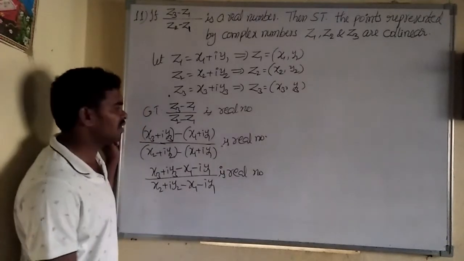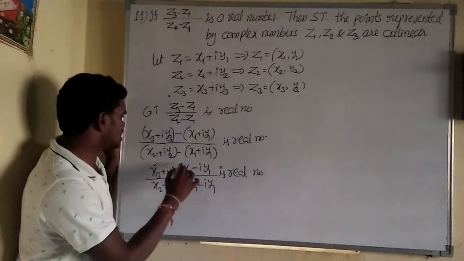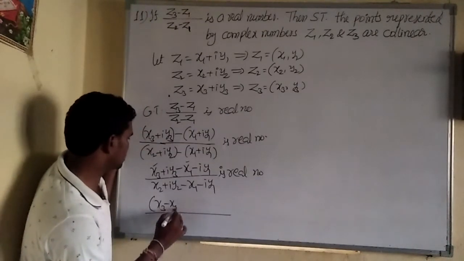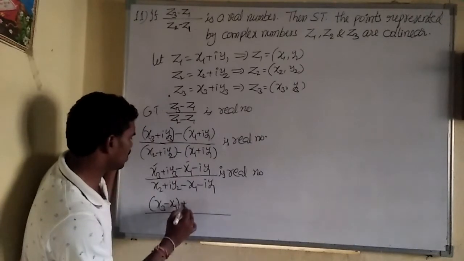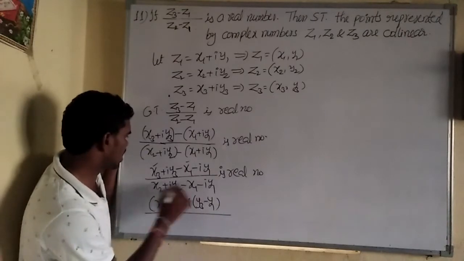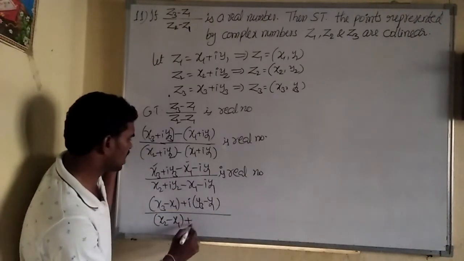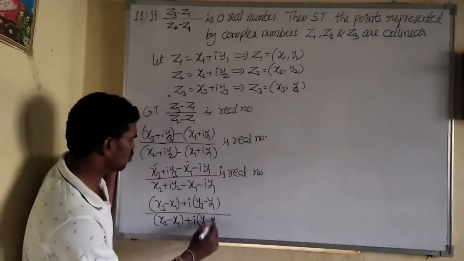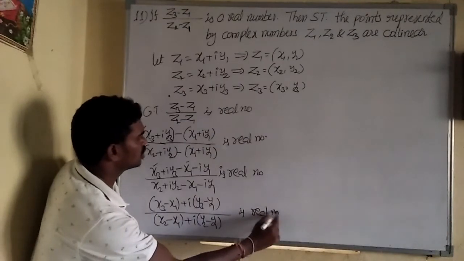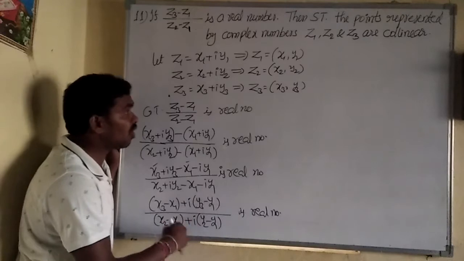In both we can write the real parts: x3 minus x1, and take out i common, plus i into (y3 minus y1), by x2 minus x1 plus i into (y2 minus y1), is a real number.